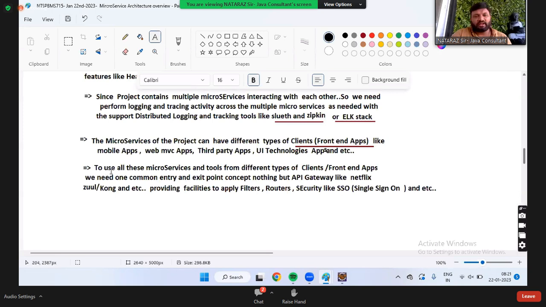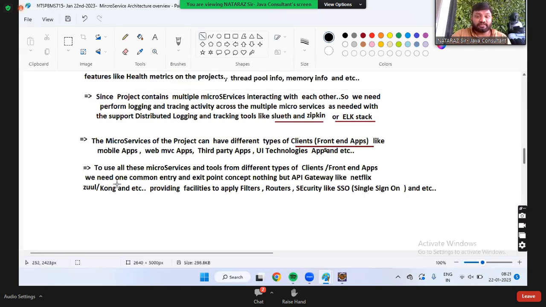Super boss. Next, to use all these microservices and tools from different types of clients and front-end applications, we need a common entry point and exit point. I hope you are understanding.